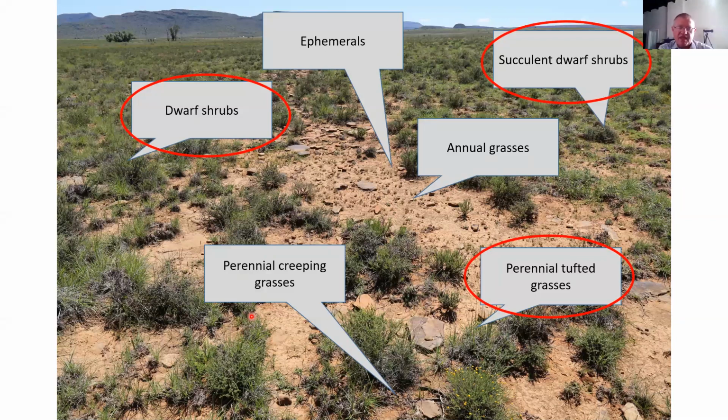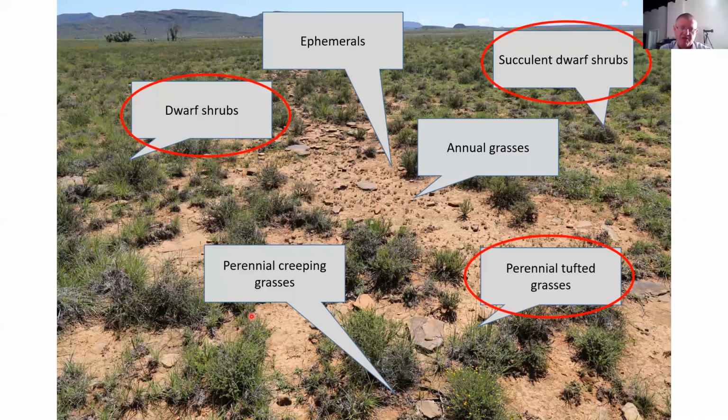all coexisting together. And the ones that are probably the most well known, and the ones that we'll be focusing on today, are the dwarf shrubs, and they come in two variants: the succulent type and the non-succulent type. And then the grasses, and you get perennial tufted grasses, which are the main focus of today.